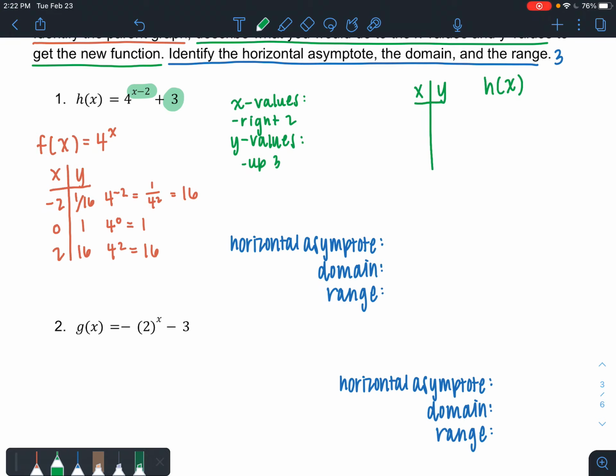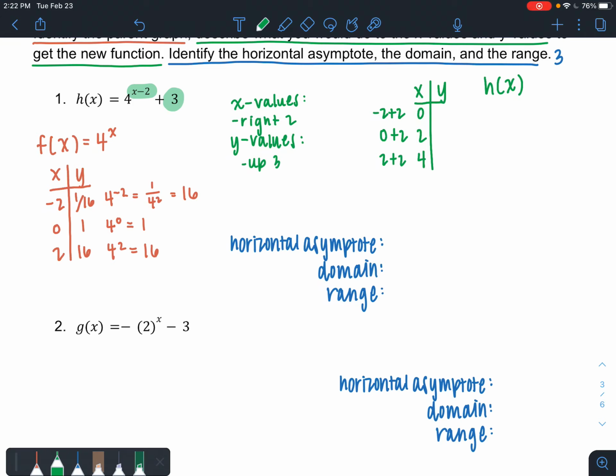So all we're going to do is for our x value, since we're going right 2, we're going to add 2, so -2 plus 2 gives us 0. 0 plus 2 gives us 2, and 2 plus 2 gives us 4.